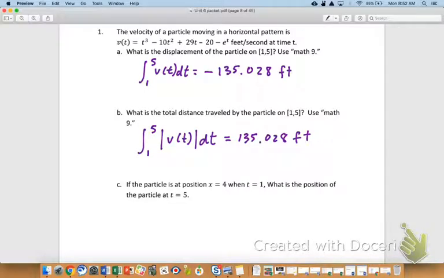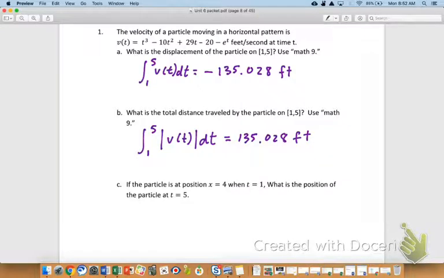The object turned around. So here, the total distance traveled is positive 135 and the displacement was negative 135. What does that mean? Never turned around, and it was going backwards the whole time. That's right. It's going backwards the whole time, and it never turned around. Just kept on going.